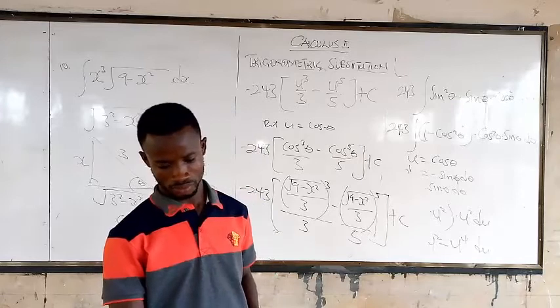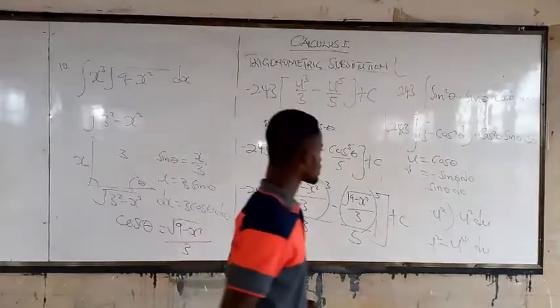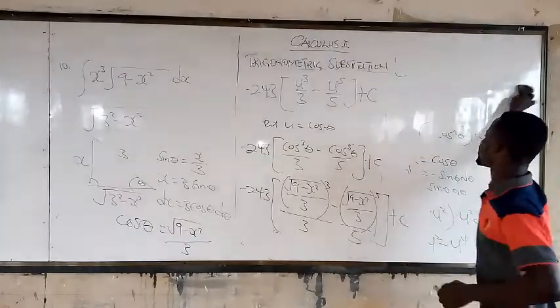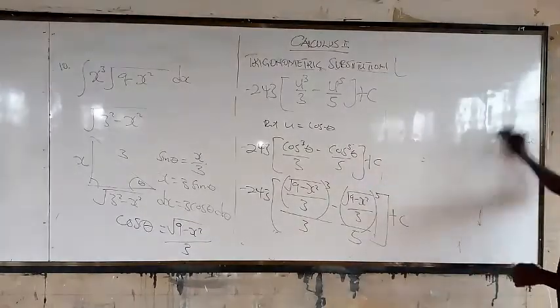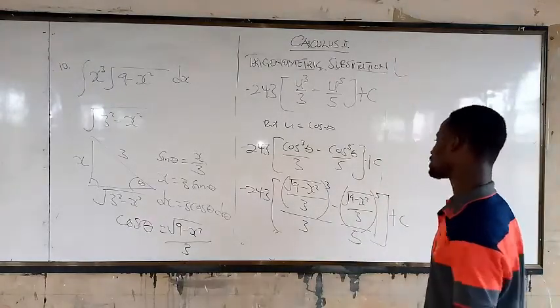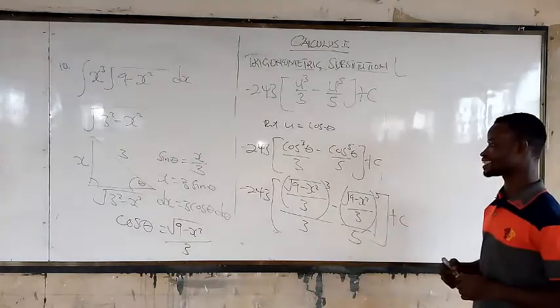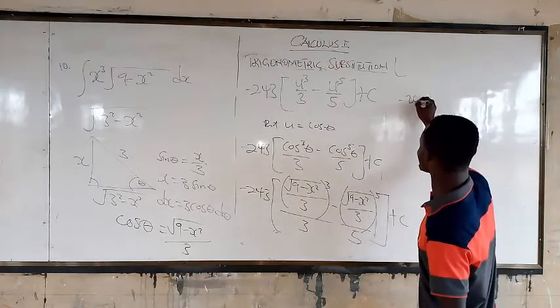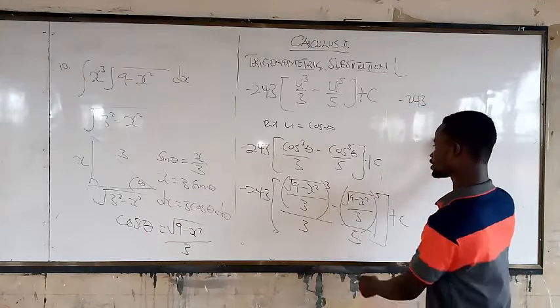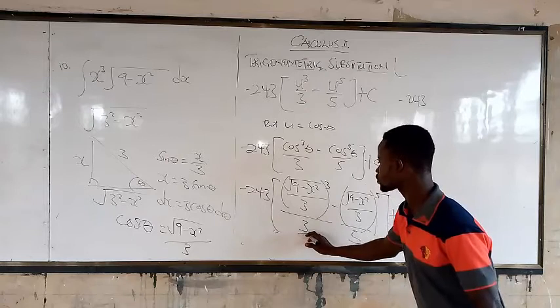Alright. And when you simplify, good. You can continue to simplify it, or you can also choose to leave it in that form. But when you simplify this, you are going to get negative 243. And you see the whole of this is just over 1.